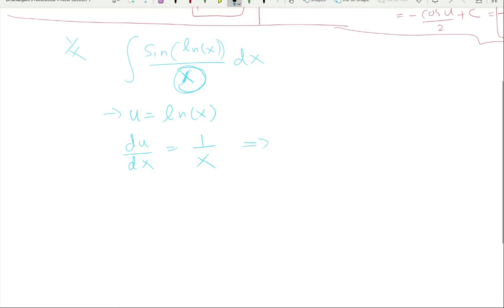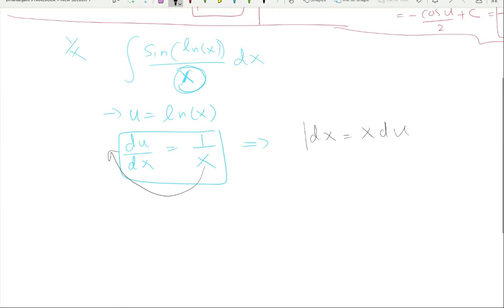So when you swap these, be really careful when you make dx the subject, because here dx is x du, right? This x comes to the numerator when we take it to the right hand side.